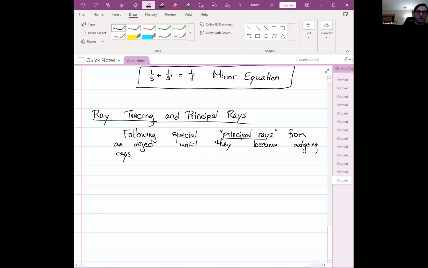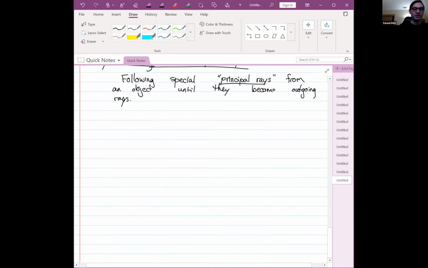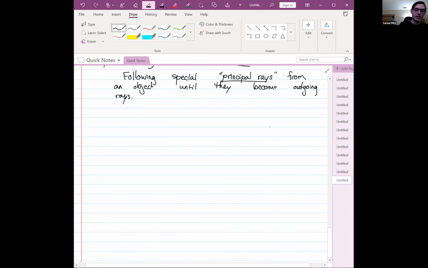Using this tool, the observer can conclude where the outgoing rays appear to originate from, and that lets you conclude where the image is. Just to be clear one more time, principal rays are not physically special. They're just some rays, but they are convenient mathematical tools. So I'm going to do my best to do a good drawing, a principal ray analysis for a concave mirror.